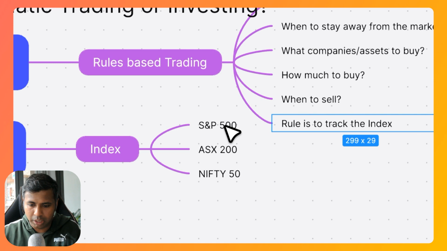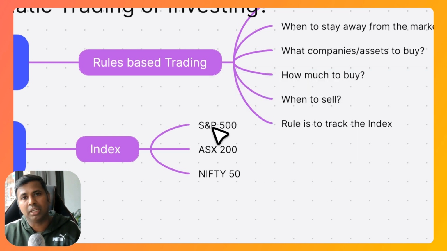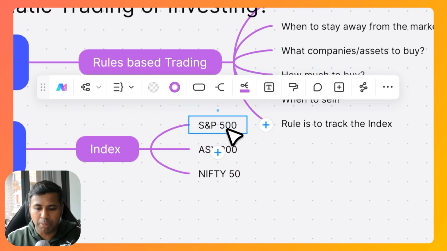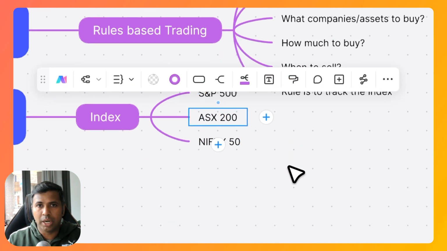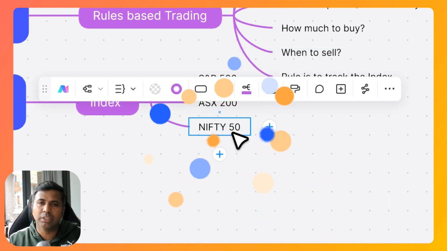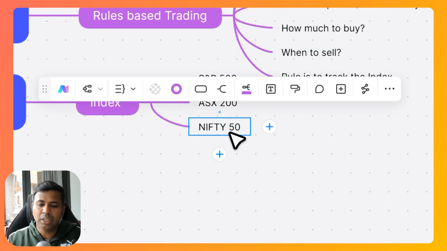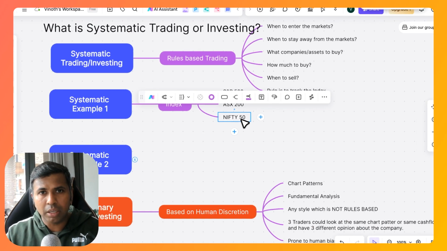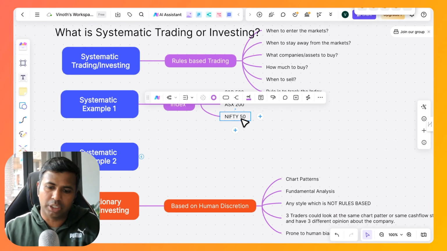In this, the rules are to track the index. There are multiple indices like the S&P 500 index, which is the 500 biggest companies in the US. ASX 200 is the 200 largest companies on the Australian Stock Exchange. Nifty 50 is the 50 largest companies on the NSE, the Indian stock exchange.